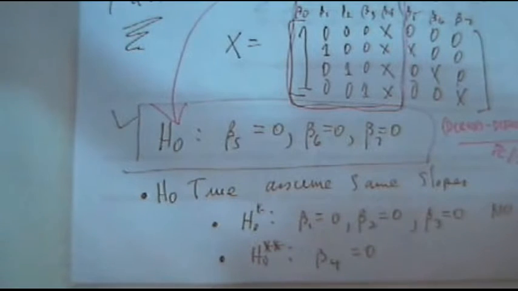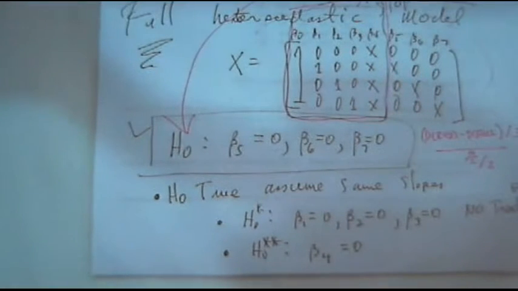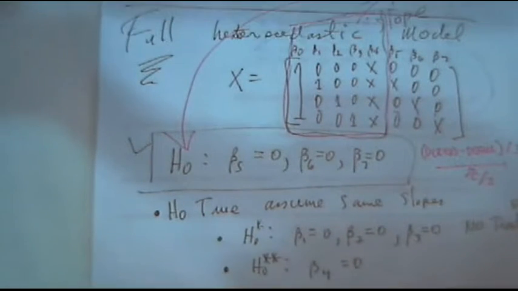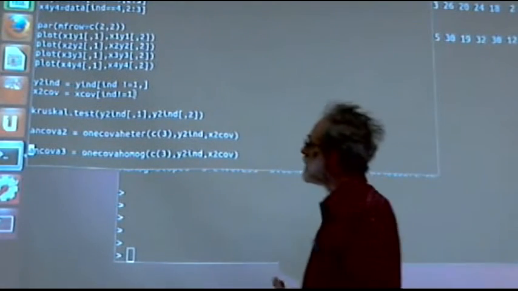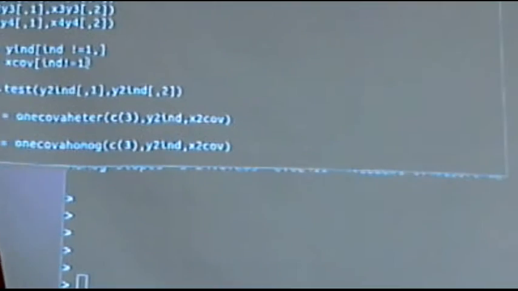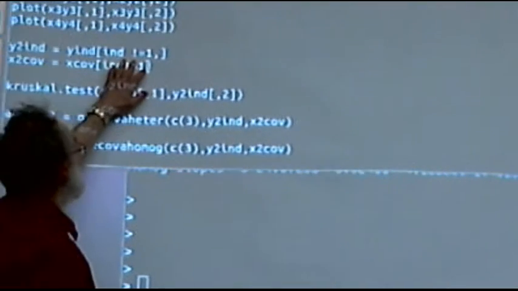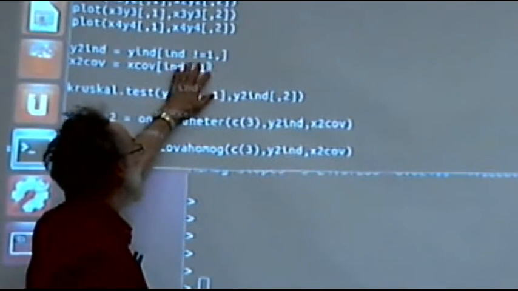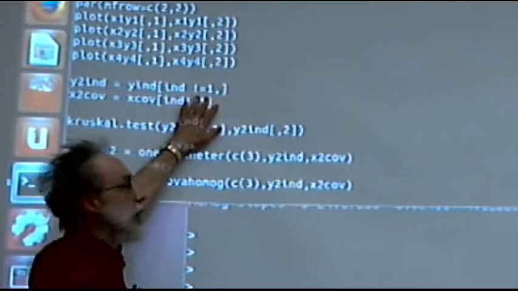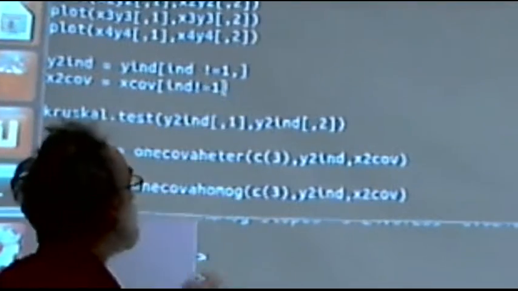So all this is just getting the plot. It's right here, okay? Let me switch over. This exclamation equals means not equal to 1. So I subset the data.